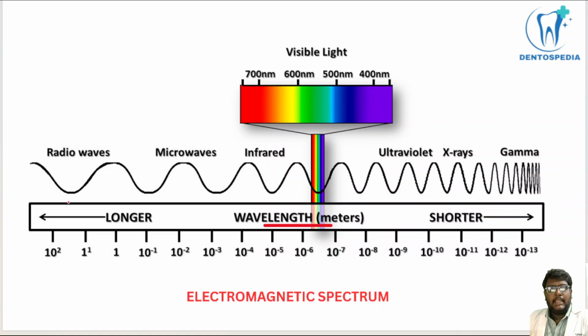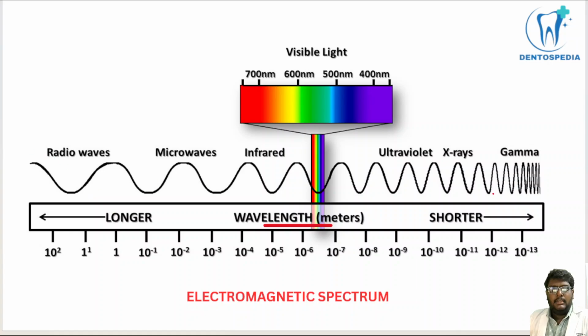Radio waves have the longest wavelength and low frequency. You might have learned that wavelength and frequency are inversely proportional. So whatever the radiation, if it has the highest wavelength, we can say it has the lowest frequency.